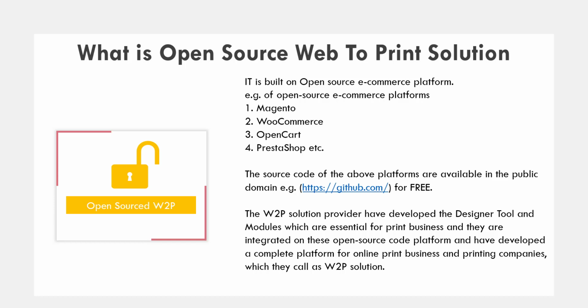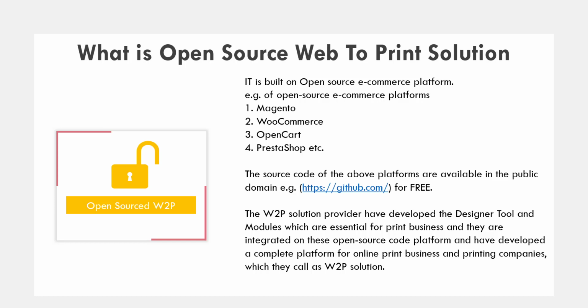For example, if they decide that they are going to create a web-to-print solution for the Magento platform, then they use the source code of Magento. They create their own designer tool, modify the Magento source code, integrate their tool into this and create a web-to-print solution which is based on the Magento platform.